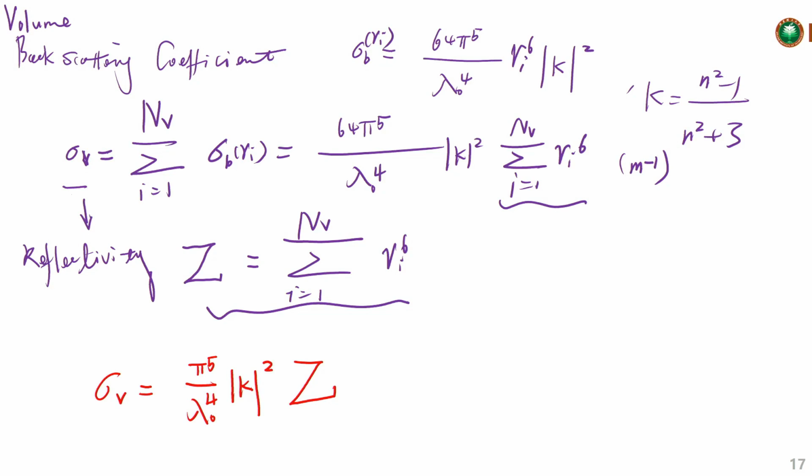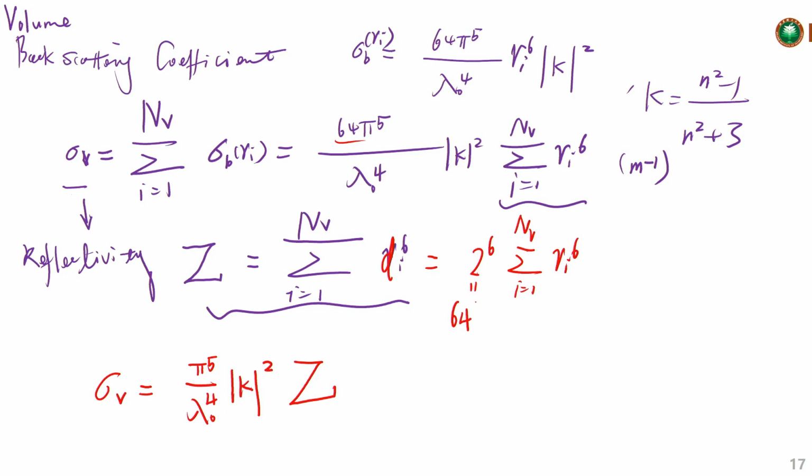Now it's related to D squared. I'm sorry about that. So that means it equals 2 to the power 6 times sum from i equals 1 to Nv of ri to the power 6, and this term equals 64.